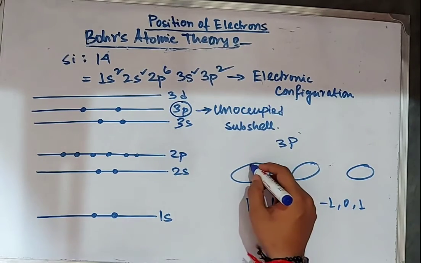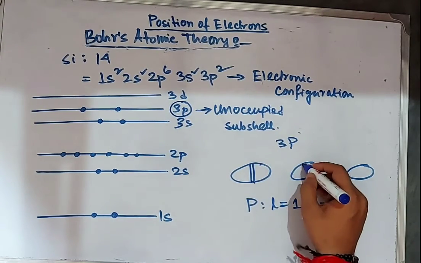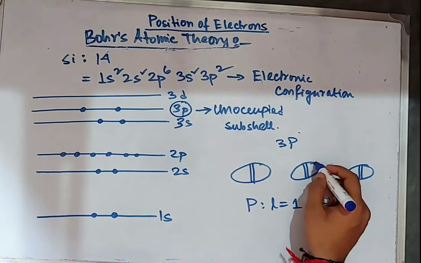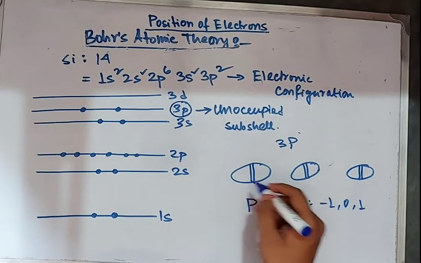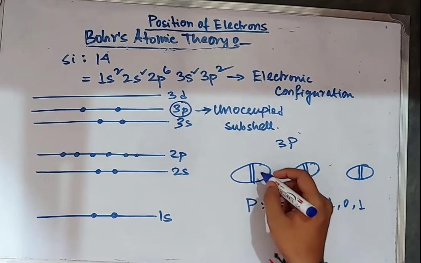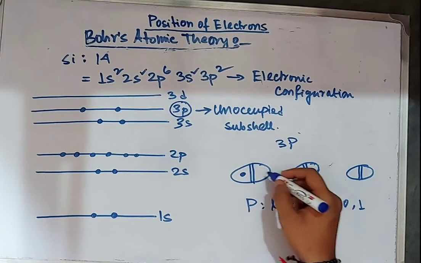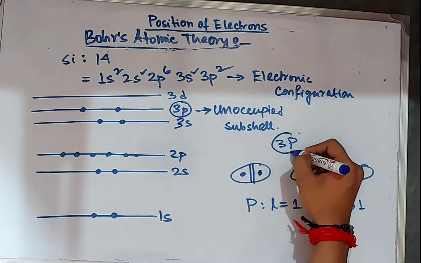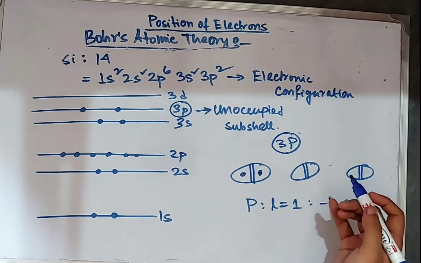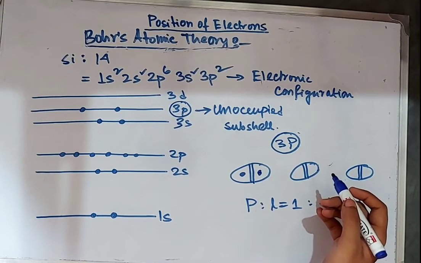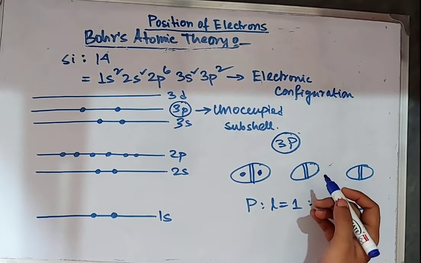So suppose we have these 3 orbitals, and each can hold 2 electrons, but 3p has only 2 electrons. Suppose these are the 2 electrons. The 3p subshell will always try to be stable, because it is a natural phenomenon that every object is always trying to be stable.